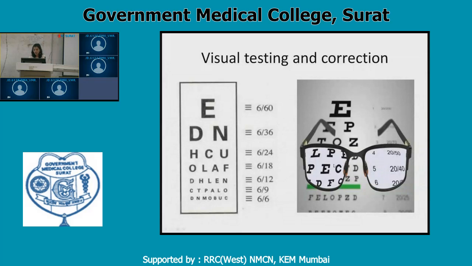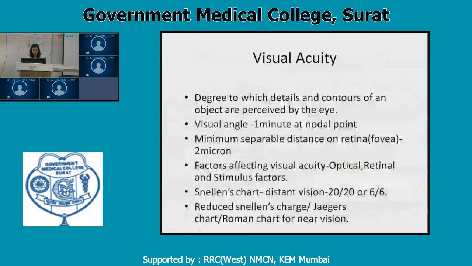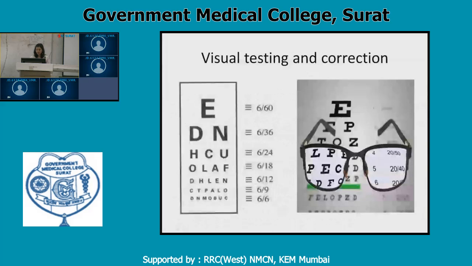Then accordingly, if they have refractive errors, they can be corrected. For near vision, reduced Snellen's charts, Jaeger charts or Roman charts are commonly used. Different charts are used, and this is how different refractive errors are diagnosed and treated by giving glasses. So this completes refractive errors and their corrections. Thank you so much for your patient listening.